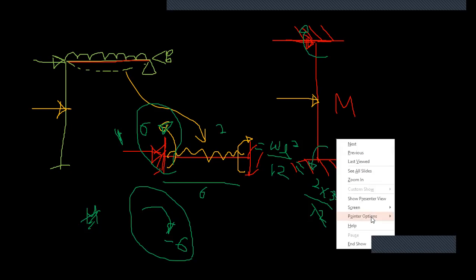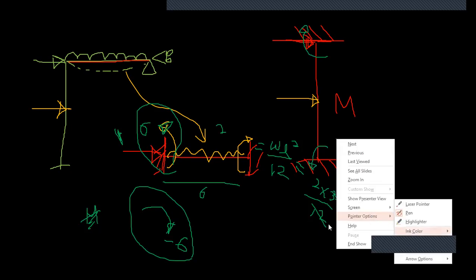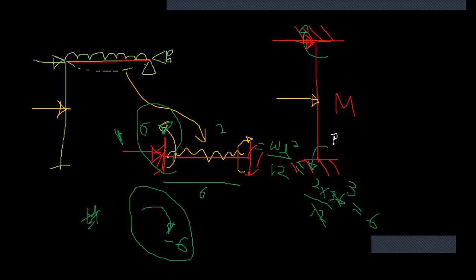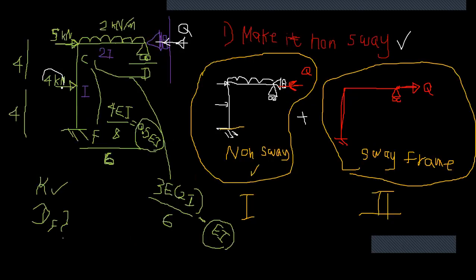So this value is going to be PL over 8. What is P? 4 kilonewton, right? This is not going to do anything, right?